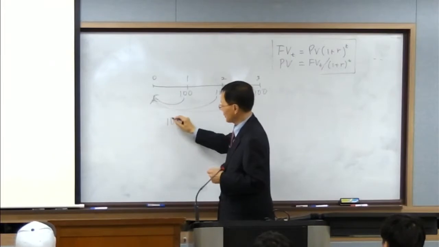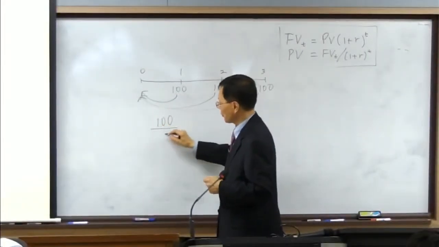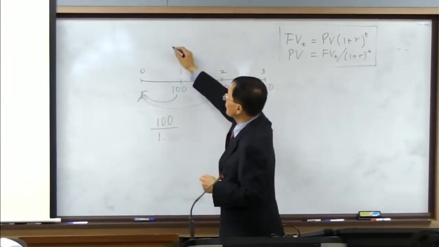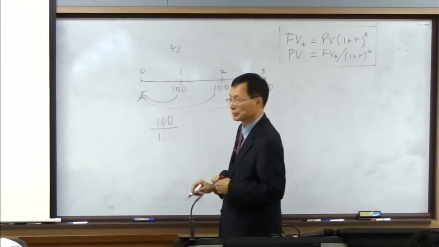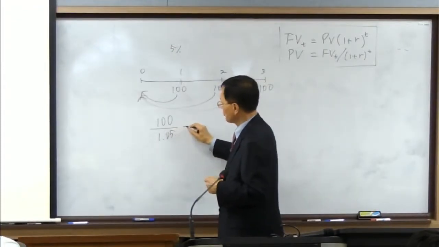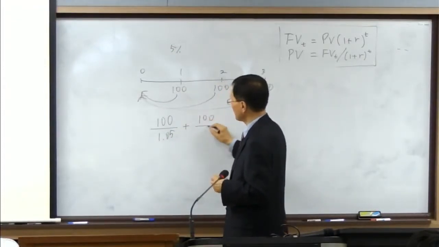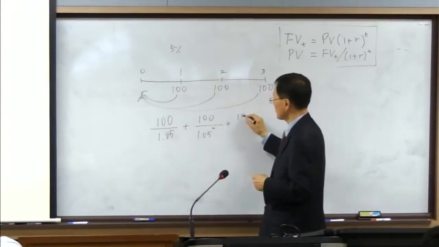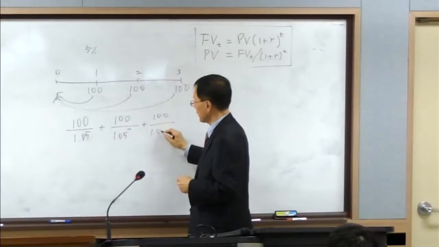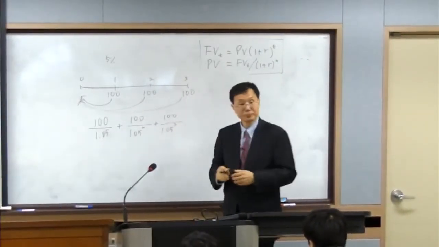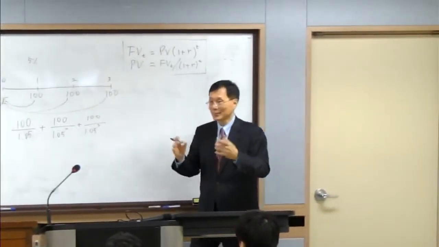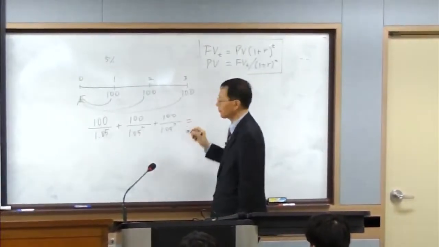So 100 divided by 1.05, let's say that 5% is the interest rate, plus 100 divided by 1.05 squared, plus 100 divided by 1.05 cubed. Compute. How much is it?